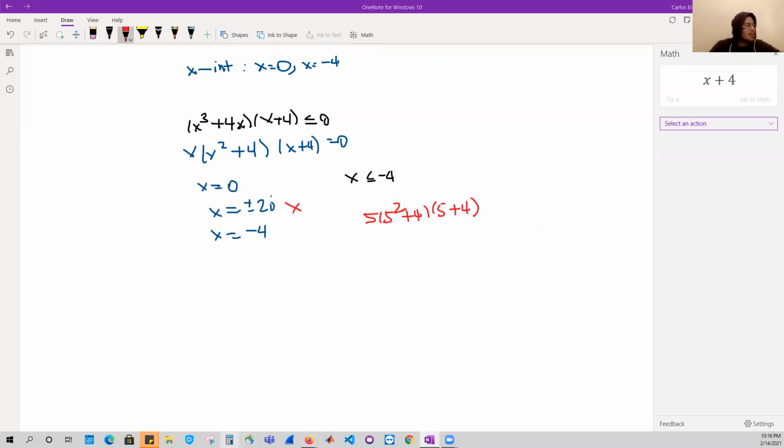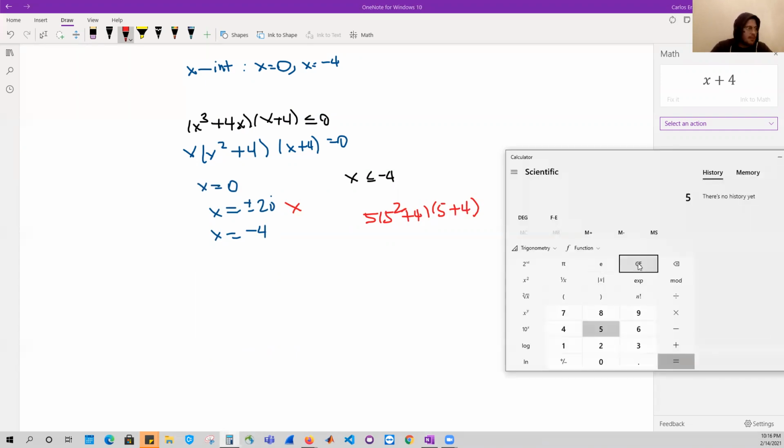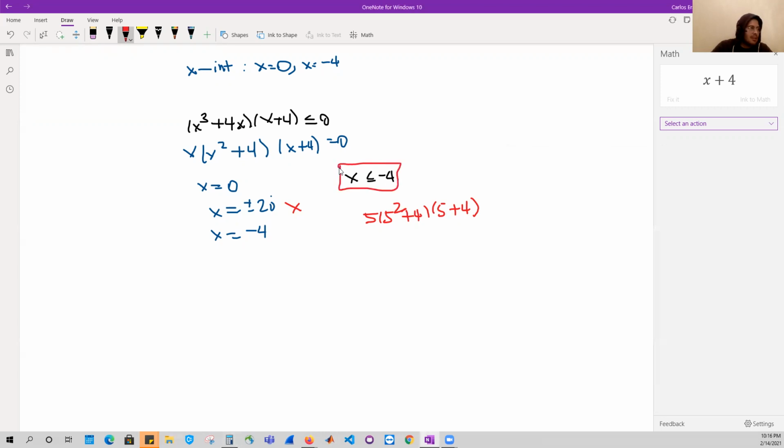Let me quickly grab my calculator here. And since the result is not less than or equal to 0, this value is not working for us. So anything below this has to be dropped out. That is why it's important to understand that this value right here is our lower limit for the solution.